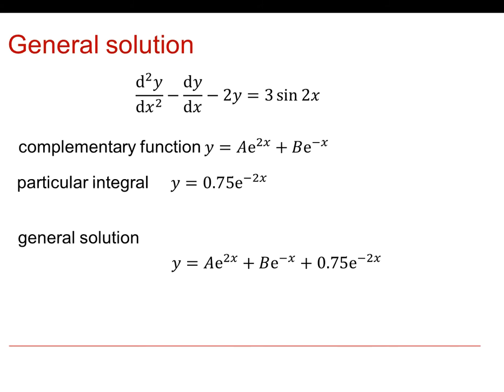This leads to the general solution, the combination of the complementary function and the particular integral, of y equals ae to the 2x plus be to the minus x plus 0.75 or 3/4 e to the minus 2x.